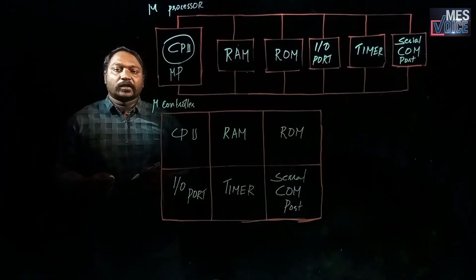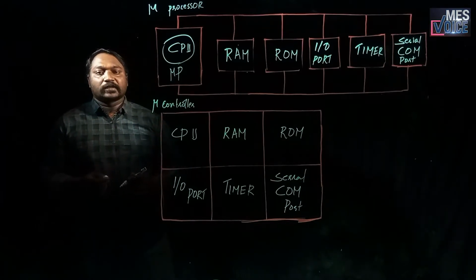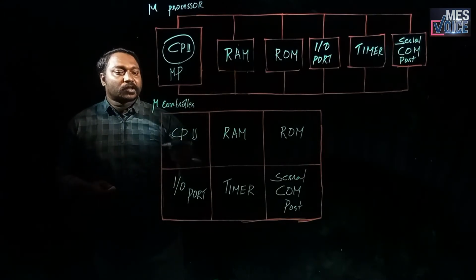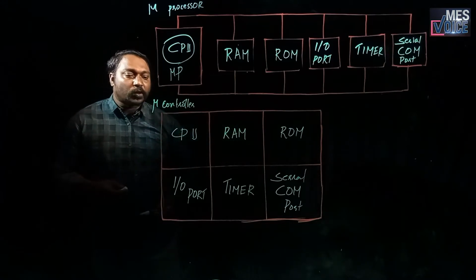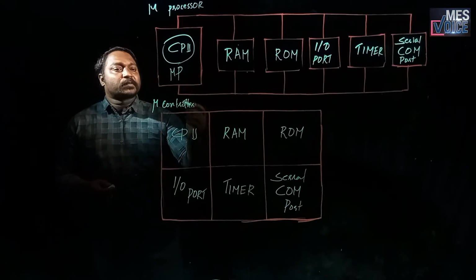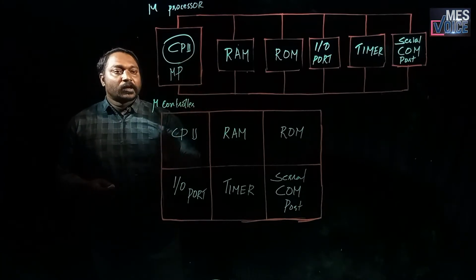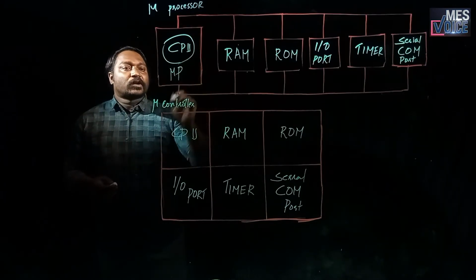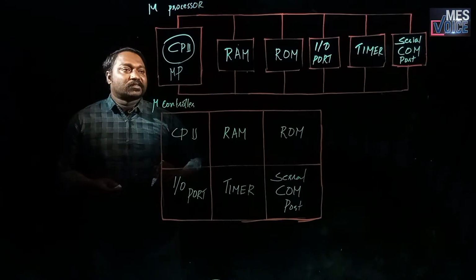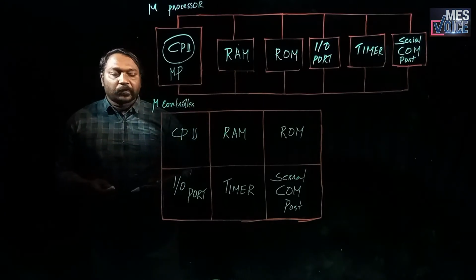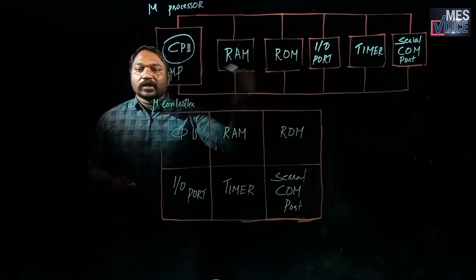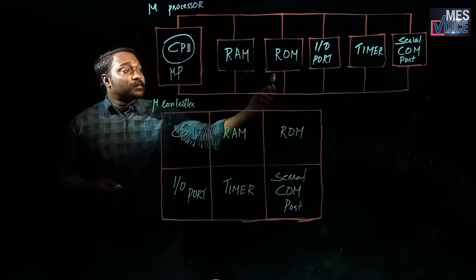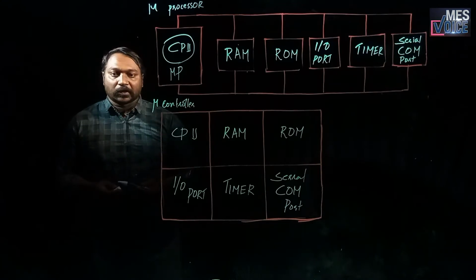Now, let's see the functional block diagram of microprocessor and microcontroller. At the top side there is the functional block diagram of a microprocessor and the functional block diagram of a microcontroller. In a microprocessor based system, there is a CPU, and for the smooth working of the system, a RAM (random access memory) is needed, a ROM (read-only memory) is needed, input-output ports are needed, timers are needed, and serial communication ports are needed.